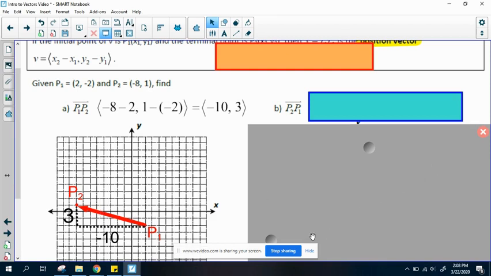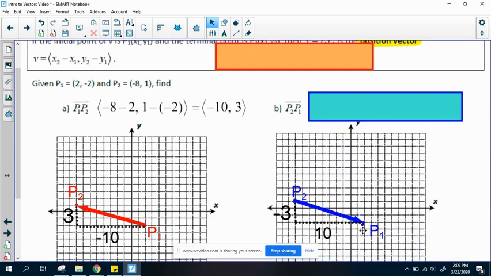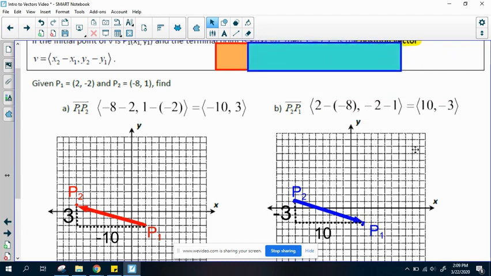So how would that look if we were doing the second one, where now let's go to P2 minus P1? Well, that would actually be going the other way. Notice it's the same vector in a sense, but now I'm going from this point to that point. Notice what happened when you actually did the math. In this equation, I have 10 and -3. So it's the exact opposite.